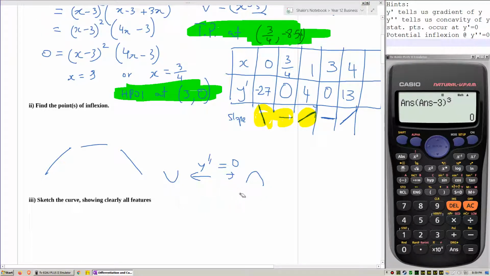So a curve is concave up, then y double dash is 0, now there's no concavity, then to the right of it, it's concave down. Or it's concave down, then no concavity, and then concave up. Concave down, dash, concave up, point of inflection.